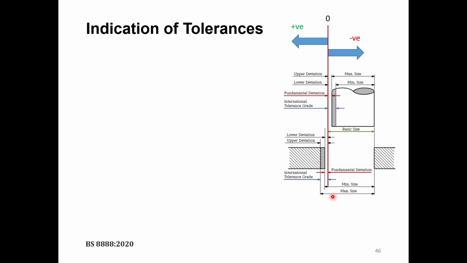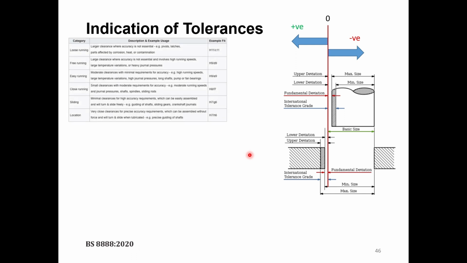And the maximum size of the hole as well is larger than the basic size, which means that both the minimum and the maximum dimensions of the hole are on the positive side. Again, the maximum size of the hole goes with the upper deviation, which is the difference between the maximum size and the basic size. And the minimum size goes with the lower deviation.